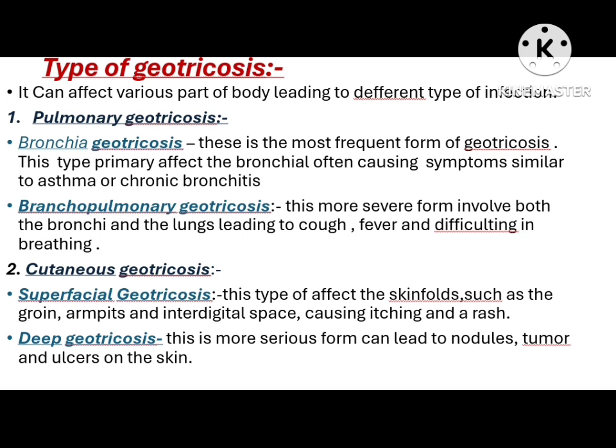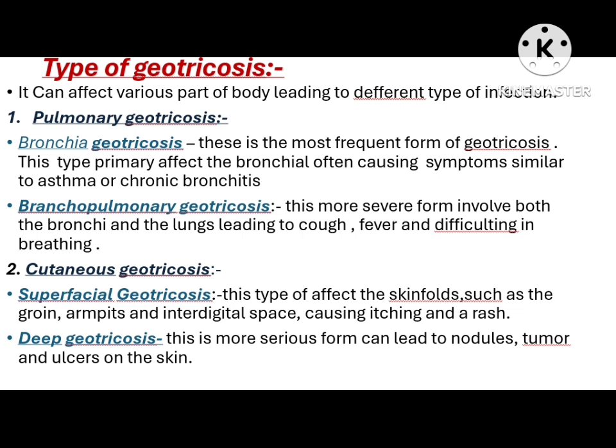First one is pulmonary geotrichosis, and this is categorized into two: bronchial geotrichosis and bronchopulmonary geotrichosis. Bronchial geotrichosis is the most frequent form of geotrichosis.